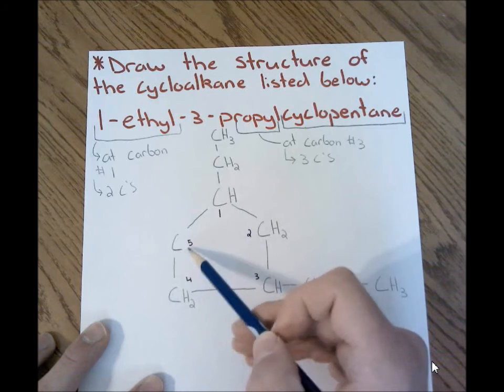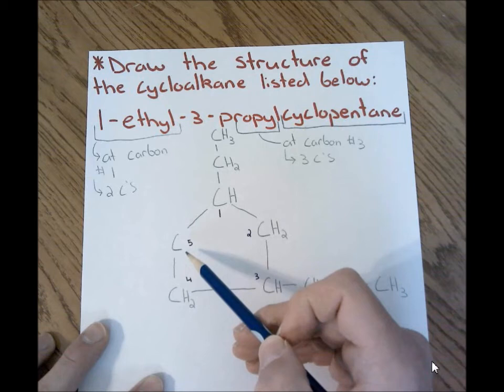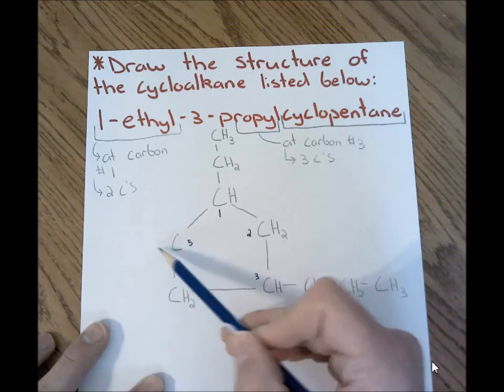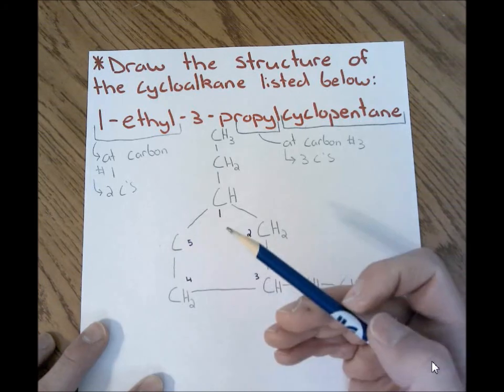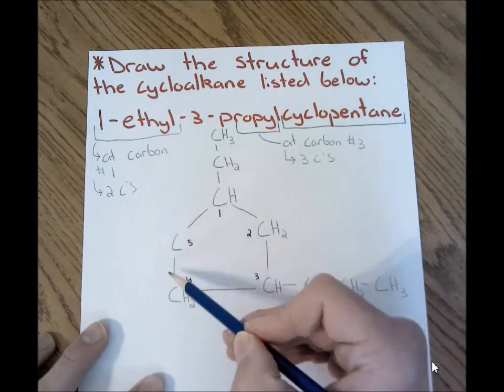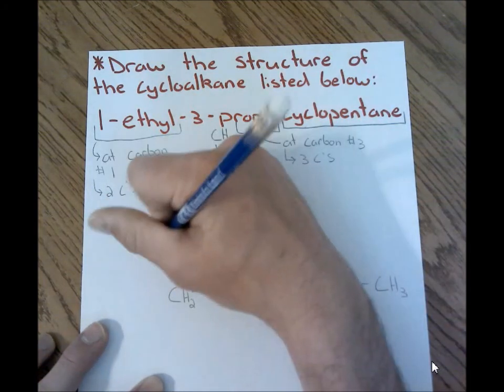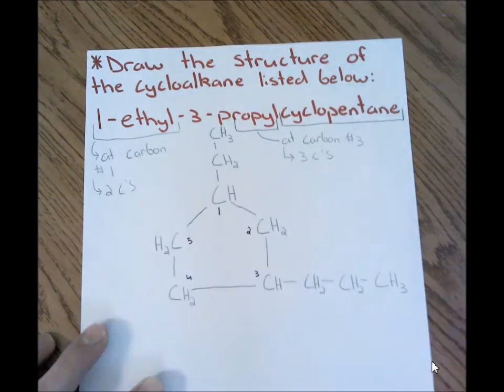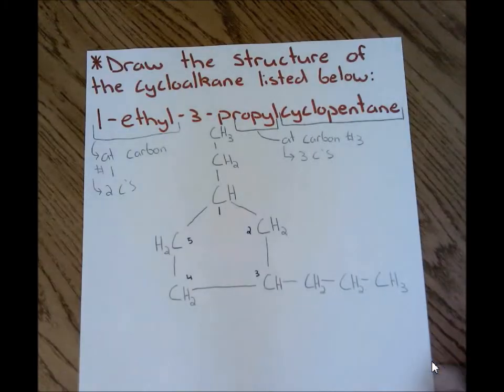Again, it has 2 attachments. It needs 2 H's to get to 4 total attachments. So right there, this is our drawn structure, and it's the structural formula of 1-ethyl, 3-propyl cyclopentane.